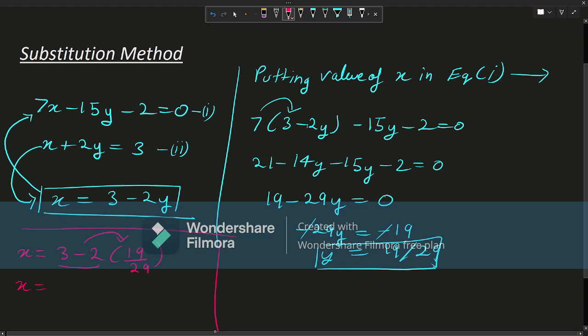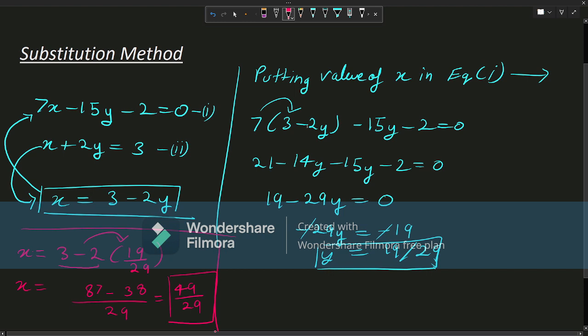So 3 is 87, and we'll get 87 minus 38 upon 29. Now the final answer will be 49 upon 29. Both of them are not divisible by each other or any other number, so that's it. This will be your final answer for x.